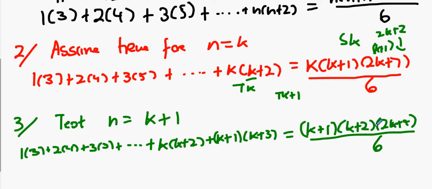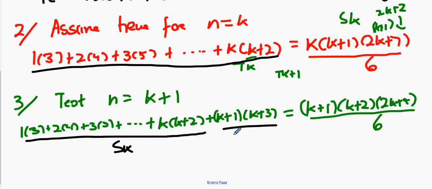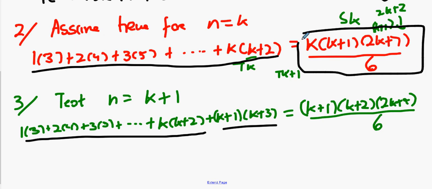Okay. Now, do what we said last time. Underline all this here. That there is S of k. This part here is t of k plus 1. And that all equals S of k plus 1. That's for being familiar with sequences and series. It's a bit easier to understand. So we're going to put in our Sk value here, which is this box here: k times k plus 1, 2k plus 7 all over 6.